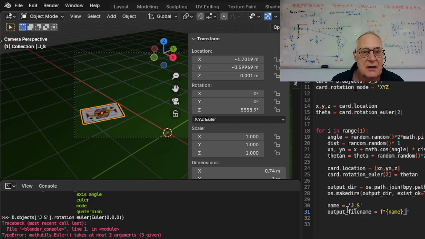Then I want to give it the X and Y coordinate and the orientation. So PNG. And then we render the scene and save it.